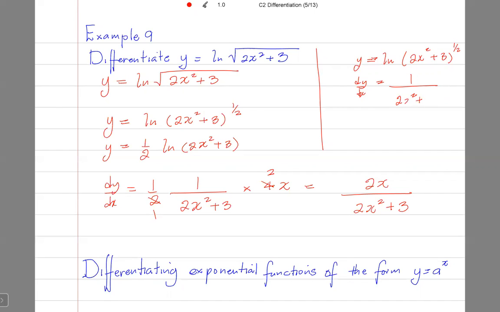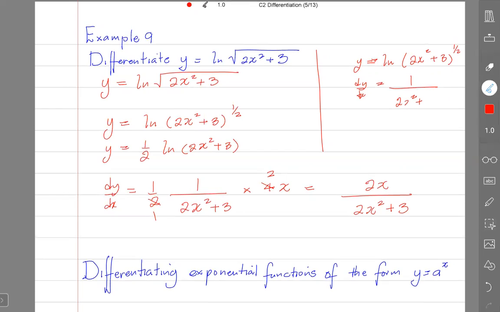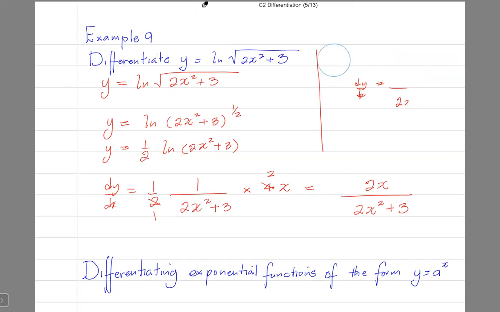It probably could be worked out, but definitely not in the space that we have here. I would advise you not to do this, because when you finish, you're going to have to move from root of 2x squared plus 3 to 2x plus 3. So it's probably doable, but I wouldn't advise you to take that route. It's going to add complexity to something that could otherwise be simple.